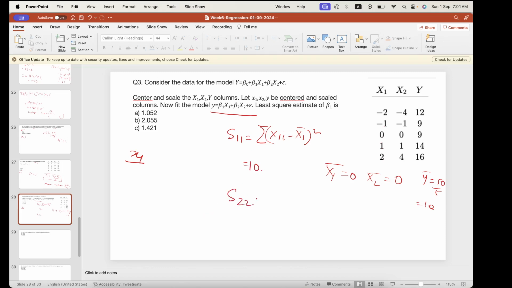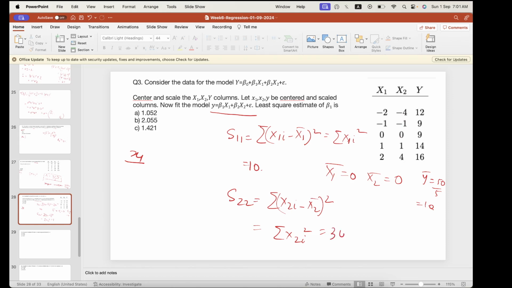Similarly, S22 is how much? This is summation x2i minus x2 bar whole square. So this one will be again summation x2i square, like this one summation x1i square. So then this will be 4, 16 plus 1, 17 plus 17.